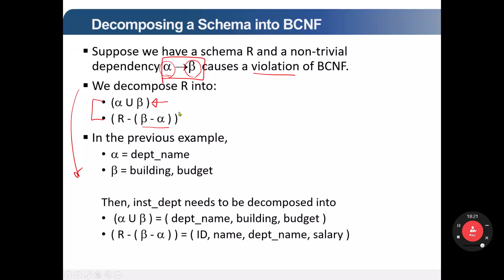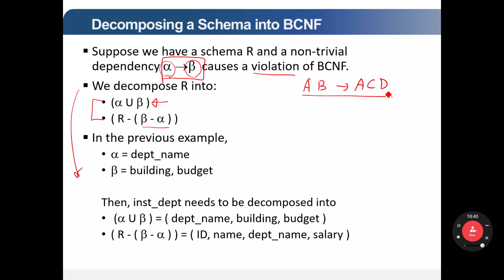Usually you may assume that the left determinant doesn't show up on the right side. Let's suppose you have a functional dependency like this.